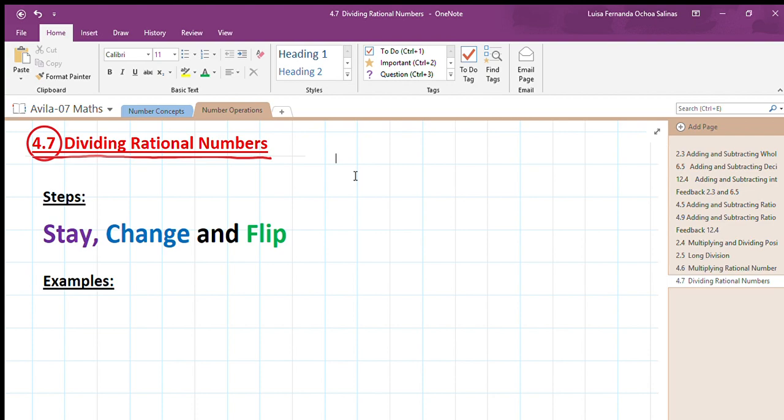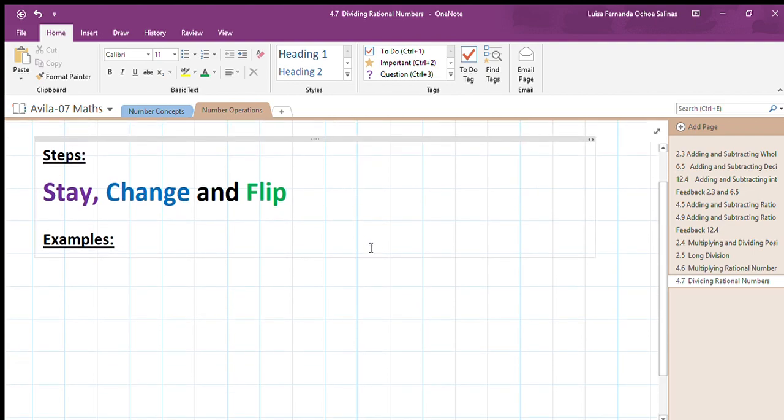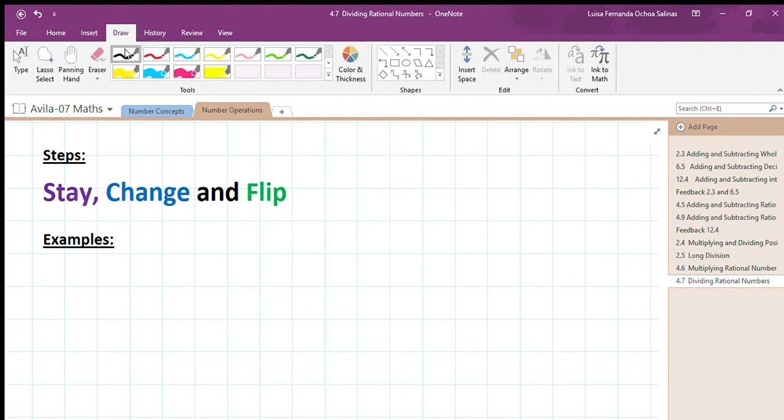So I'm going to do some examples to explain how this algorithm works. And I'm also going to do some diagrams to show you what is being represented when we are dividing fractions. So let's start by doing this example. Okay, so example 1.